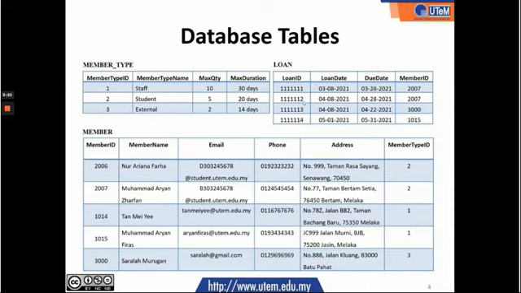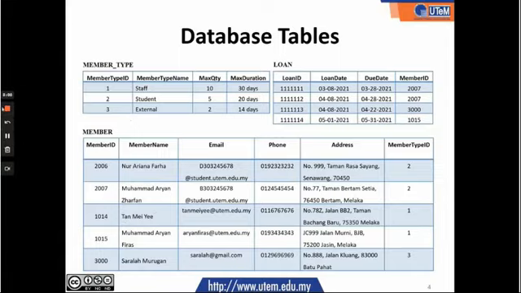This loan with this loan ID is made by member ID 3000, which refers to Sarala Murugan in this member table. Well, let's learn how to get data from these tables using nested query techniques and then construct the statements in relational algebra.